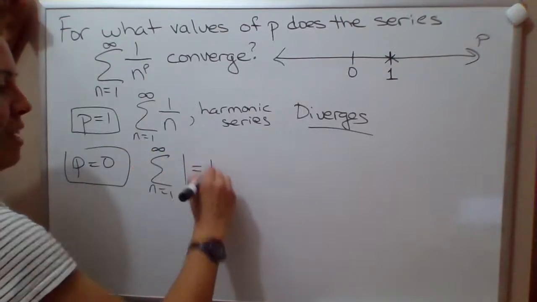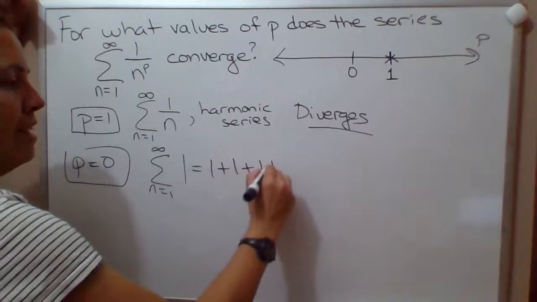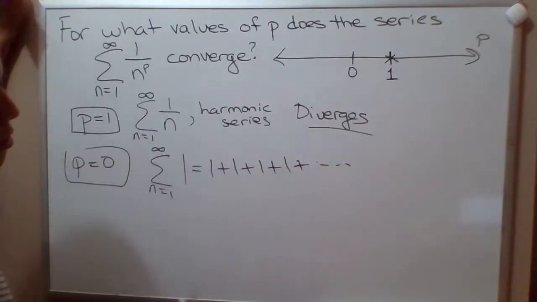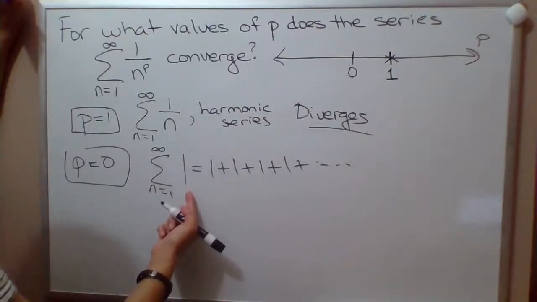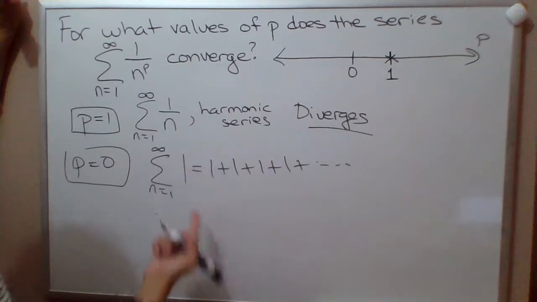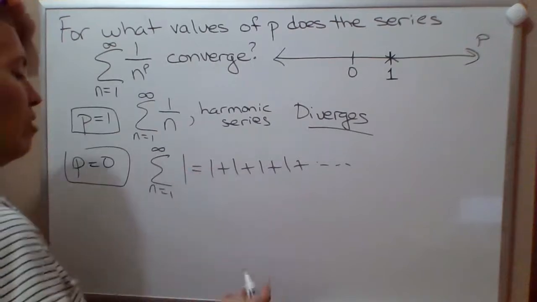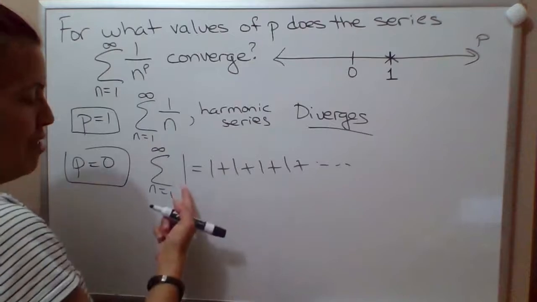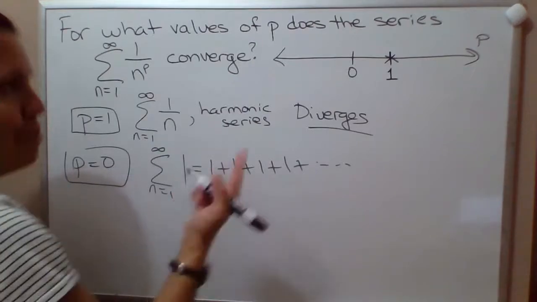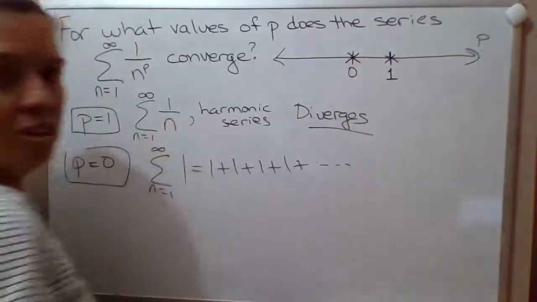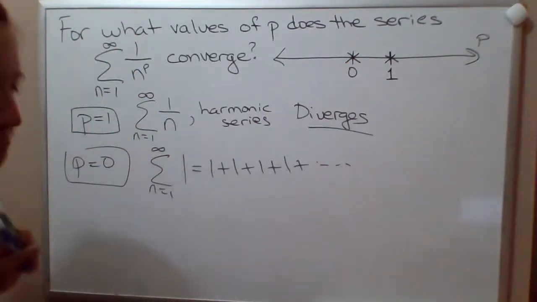That's not approaching any finite number. This is just increasing without bound. Also, if you want, you could apply the nth term test for divergence. The limit of the terms in this series approaches 1 if it's constant, which is not 0, so it diverges by the nth term test. So it diverges when P equals 0 as well.